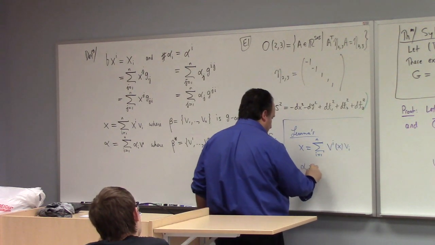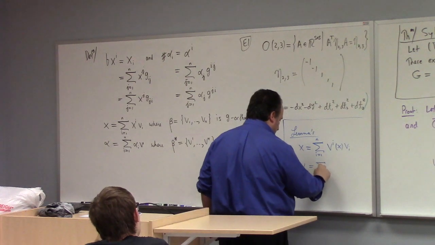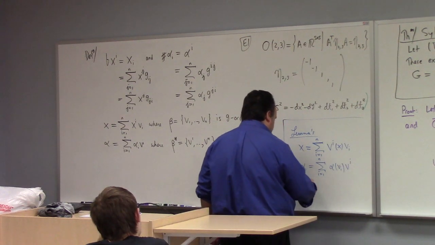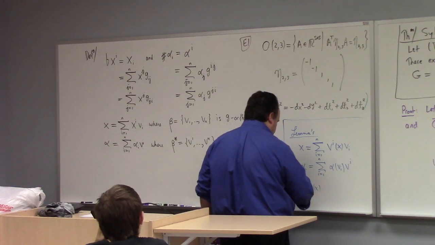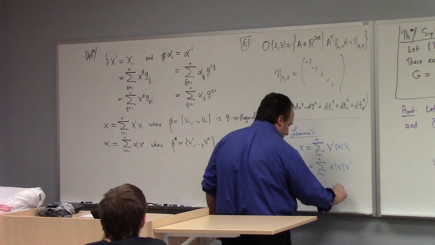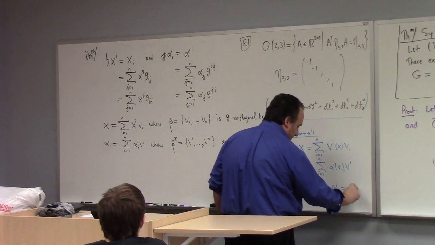And we could also write alpha as the sum i equals 1 to n of alpha acting on v lower i times v upper i. In other words, v upper i acting on x is x^i, and alpha sub i is exactly alpha acting on v lower i.